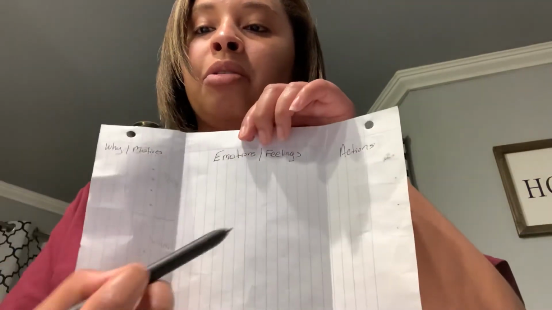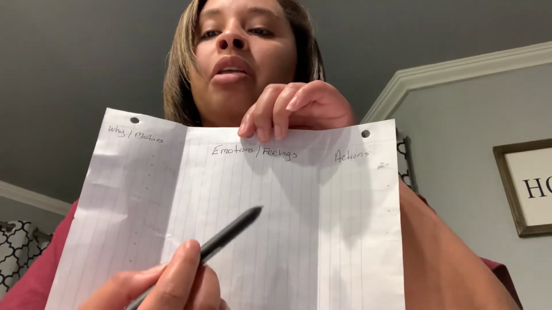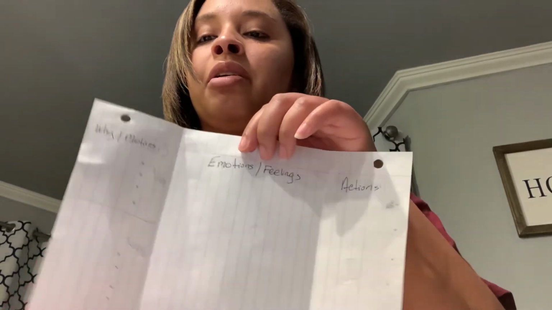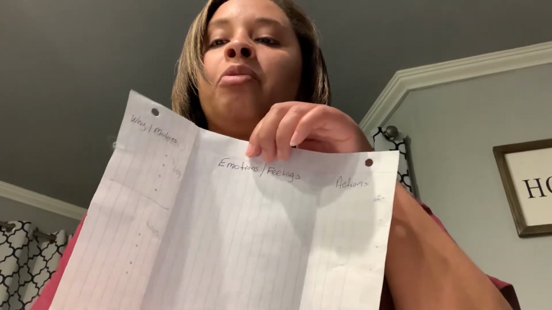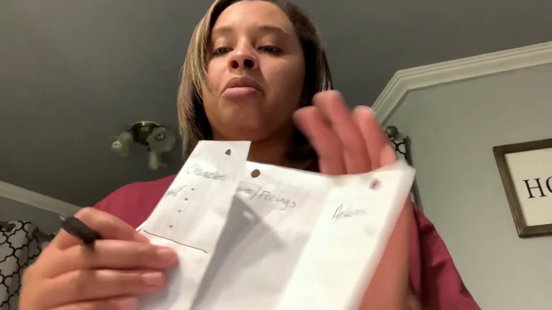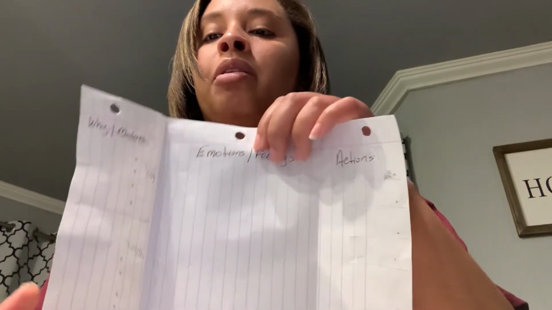And on this side, you're going to tell me about the emotions and the feelings of why these characters were feeling the way that they felt. How did such and such feel when this happened? How did this person feel when that happened? What was going through their mind? So you're going to write that here. And if you want to, you can write the 4 characters, and we can talk about maybe why those characters were feeling the way that they felt.